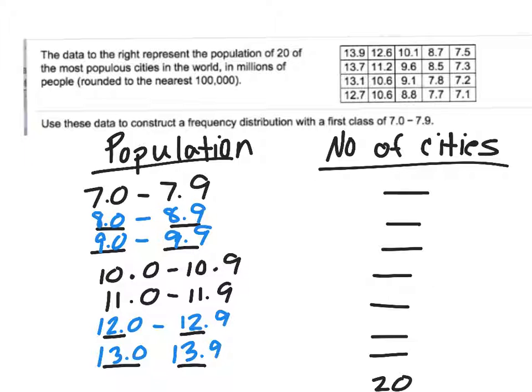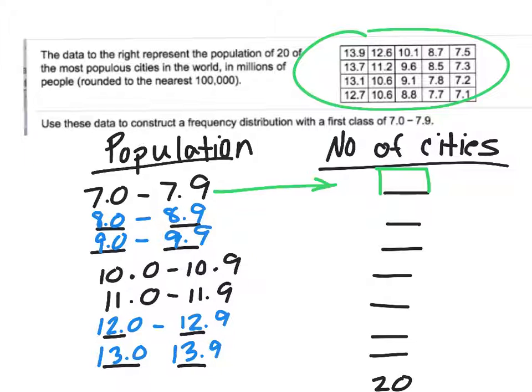So now we need to figure out how many numbers from the data set up here fall into each class. So in order to fill in this first blank, we need to find the number of cities that had from 7 to 7.9 million, because this is the frequency that goes along with this one.